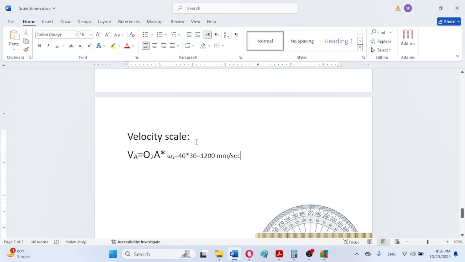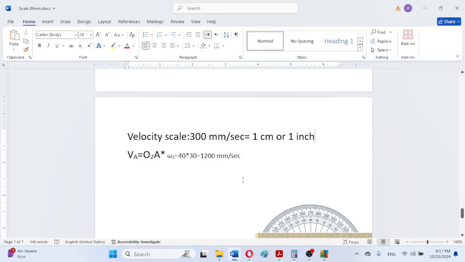So the scale that can be suggested is, for example, that 300 millimeter per second is equal to 1 centimeter.